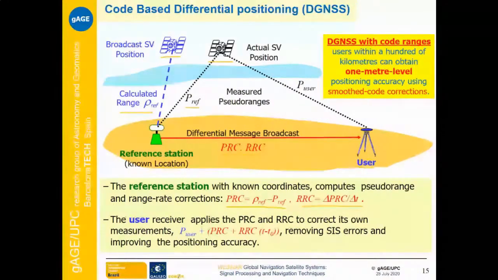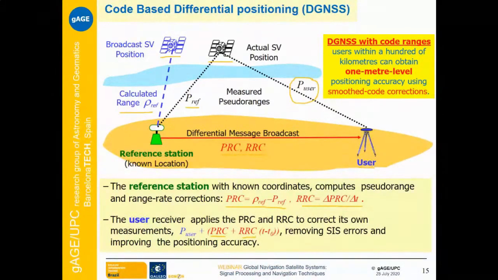The nearby user can then apply these corrections, the pseudorange corrections and the range rate corrections, to the pseudorange measurements collected by the user, and remove all of the common errors present in the signal in space, the SIS, that are affecting both receivers, the reference and the user.